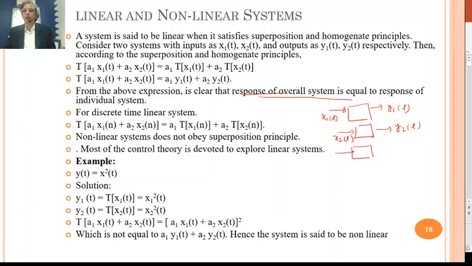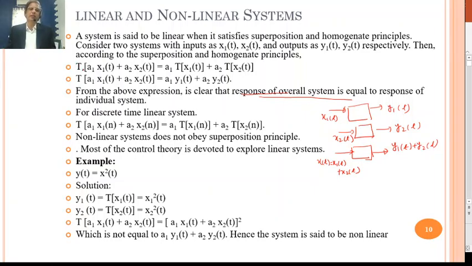Means if we combine the inputs, x(t) equal to x1(t) plus x2(t), then due to this combined input the response should be equal to y1(t) plus y2(t). If this principle is satisfied, then the system is a linear system, and if this is not satisfied, then the system is a non-linear system.